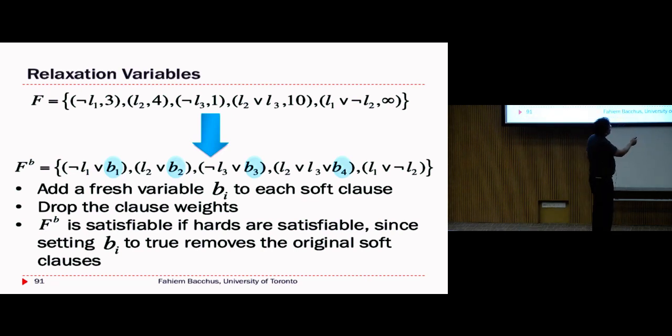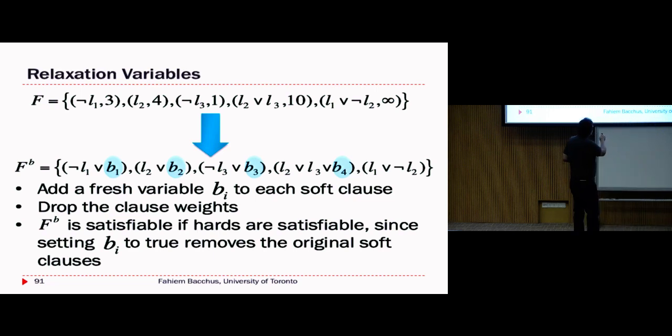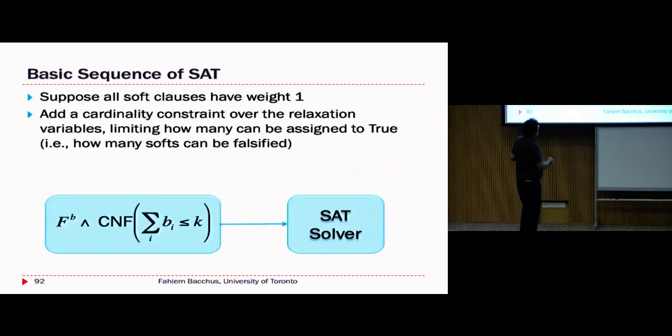Now, this variable, if you make it true, the soft clause vanishes. It's satisfied. And so therefore, what you can do with these literals is you can use assumption-based SAT solving. You can say, I want all of these to be false, and now the SAT solver is going to have to satisfy those soft clauses, right? That's the basic idea. And so what those SAT solvers do, this particular approach, is they basically encode these linear constraints.